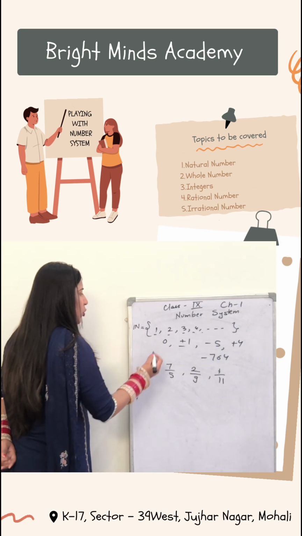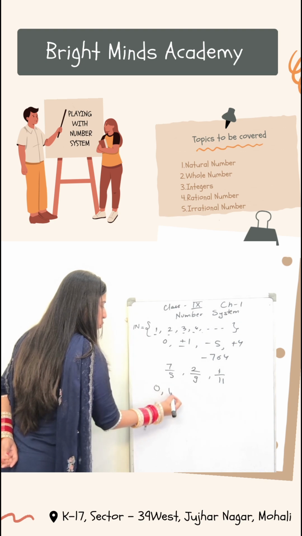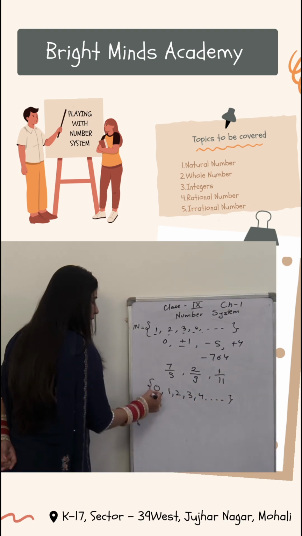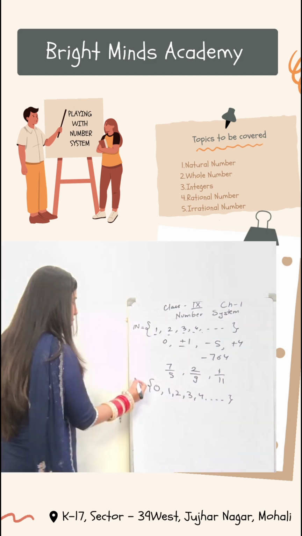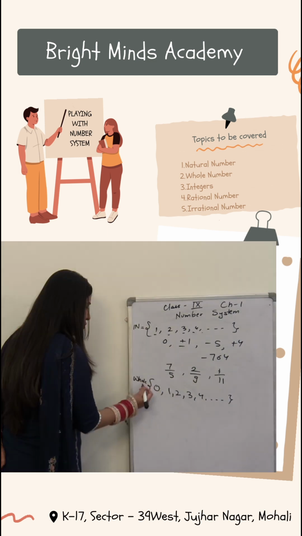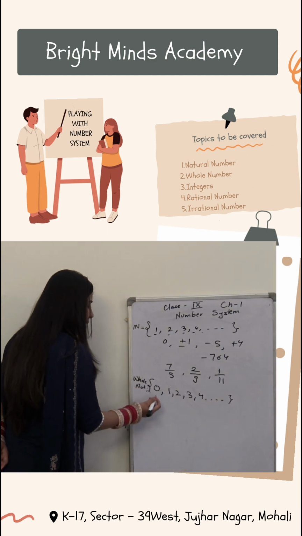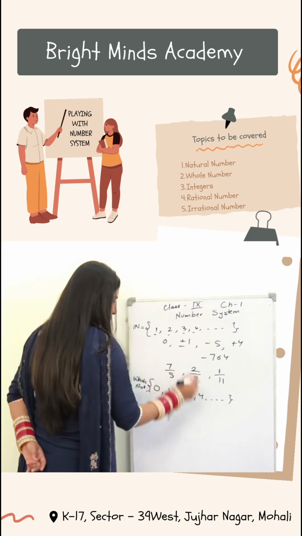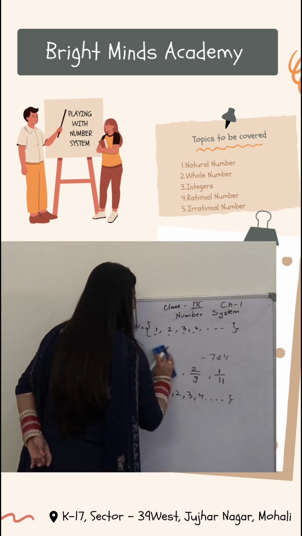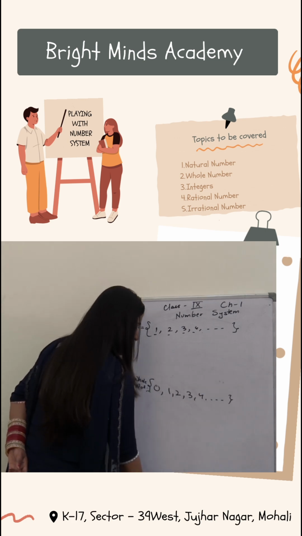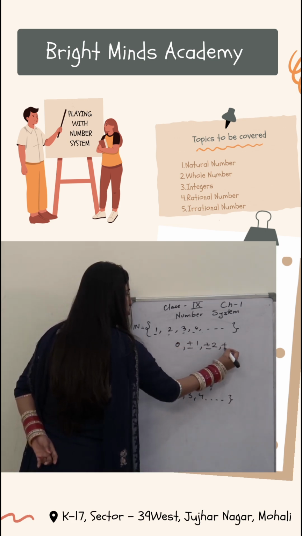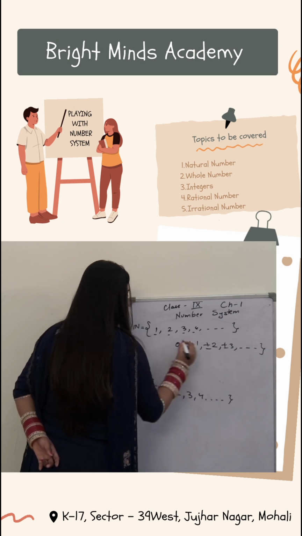When I am talking about 0, 1, 2, 3, 4 up to infinity, then I am talking about the whole numbers. But if these numbers are comprised with plus minus, for example, 0, plus minus 1, plus minus 2, plus minus 3 up to infinity.